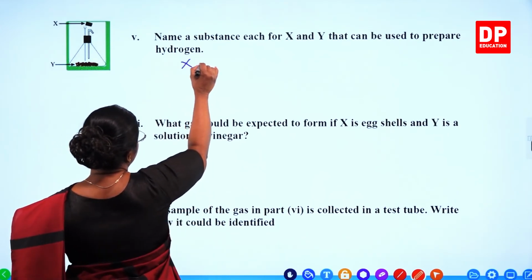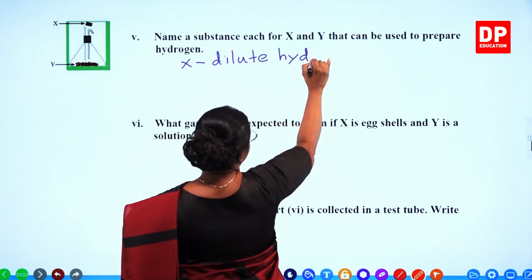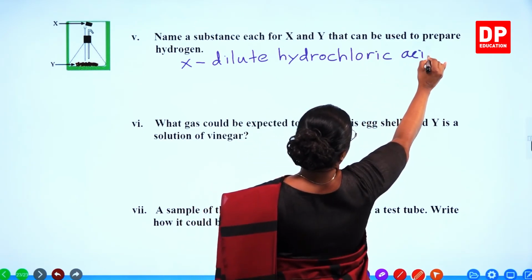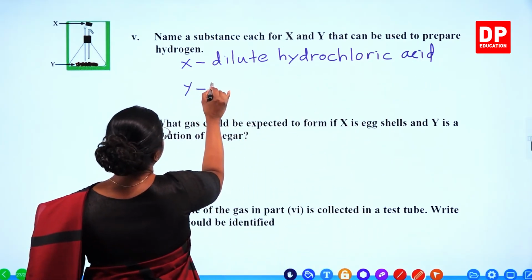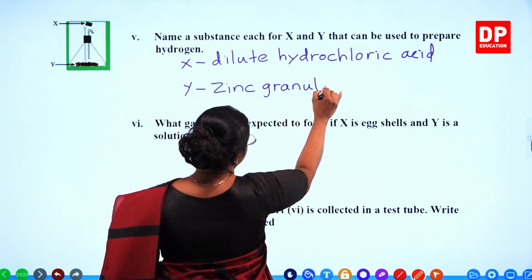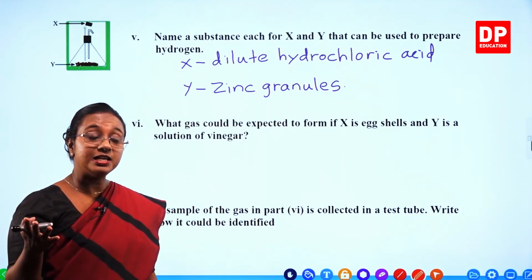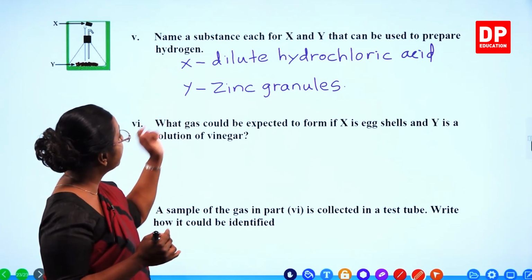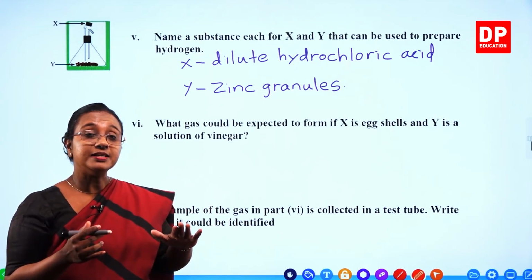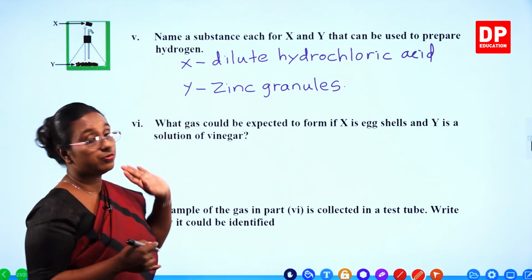So X is the acid, so it has to be dilute hydrochloric acid, and Y is zinc granules. You can also have sulfuric acid, that also has to be dilute sulfuric acid, and instead of zinc you can have magnesium metal.